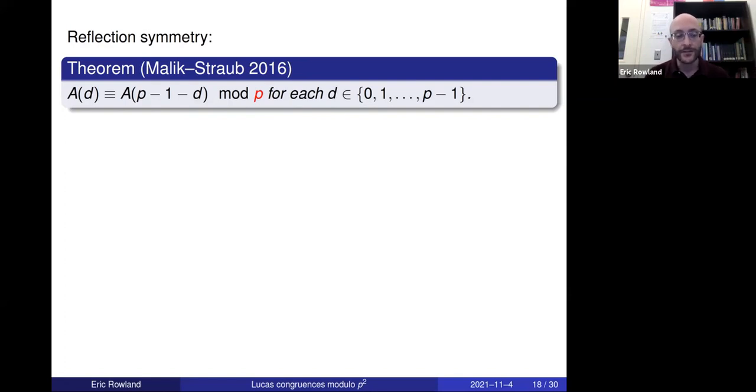And we already saw that earlier in the examples. Maybe you noticed when we looked at A of n mod 7 and A of n mod 5, the first P terms were symmetric. This was proven by Amita Malik and Armin Straub. They showed that the Apery numbers satisfy this reflection symmetry mod P.